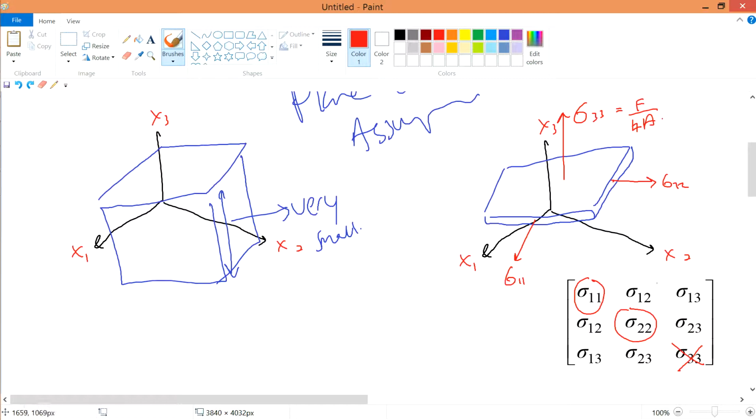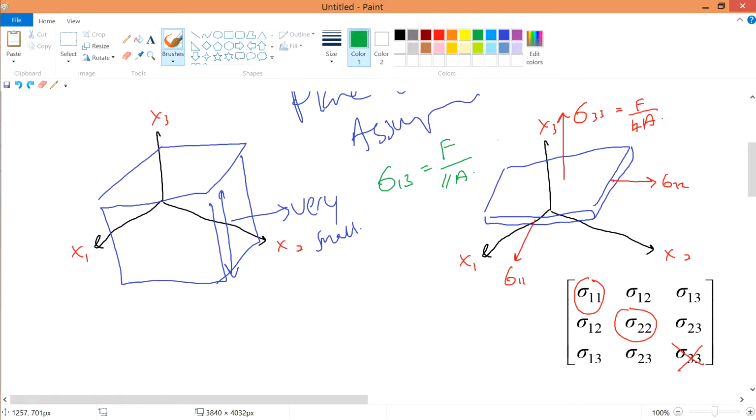How do I explain this? Remember, shear stress, for example sigma 13, is equal to force divided by its parallel area. Shear stress is divided by parallel area, and normal stress is divided by perpendicular area. So if you divide by such a big area, then what do you have? You have a very big force also.